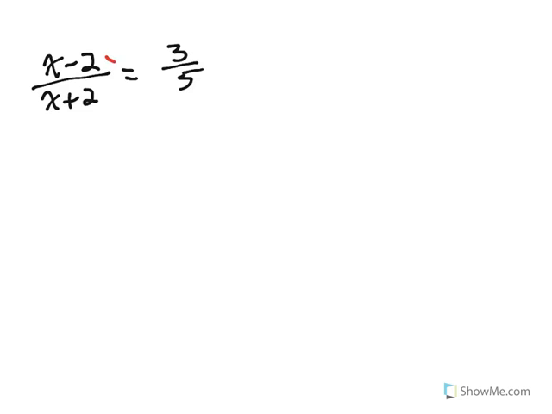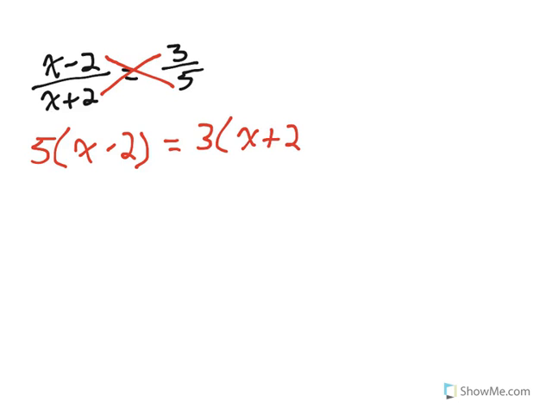We cross multiply 5 times x minus 2, put the equal sign down, cross multiply the other direction, 3 times x plus 2. Now we need to put our x minus 2 and our x plus 2 in parentheses because we need to distribute the terms on the outside to both terms inside the parentheses.